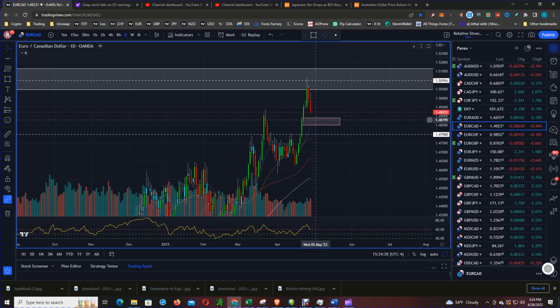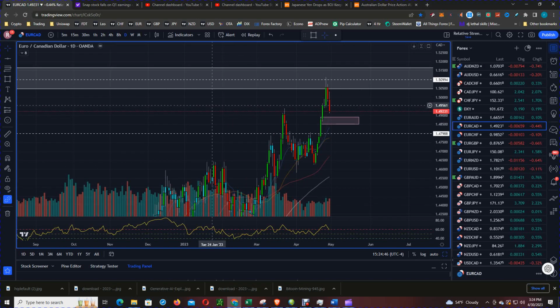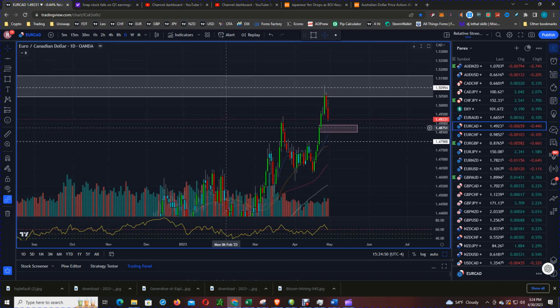Price may base and then see further declines. I would prefer if price just came down in the form of extended range red candles. All right, so this is a wait and see on the EURCAD. There's no really clean setup.